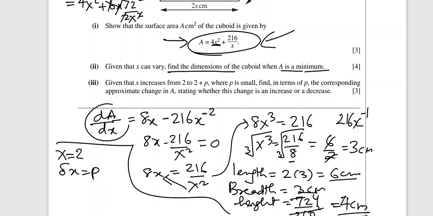So this dA over dx for small change will become delta A over delta x equal to 8x minus 216 x to the power minus 2.